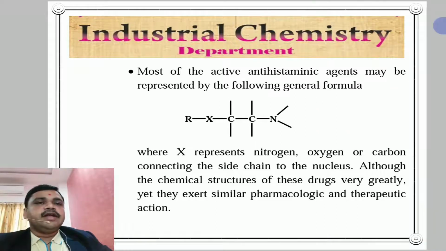Most of the active antihistaminic agents may be represented by the following general formula. In this formula X represents nitrogen, oxygen or carbon containing the side chain to the nucleus. Although the chemical structure of these drugs varies greatly, yet they exert similar pharmacologic and therapeutic actions.